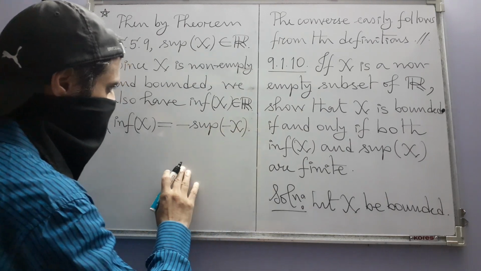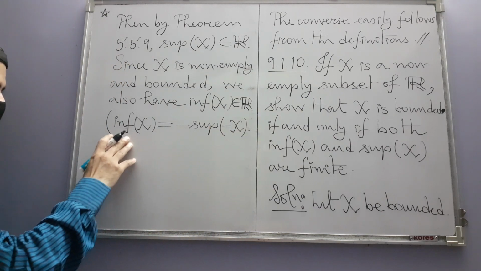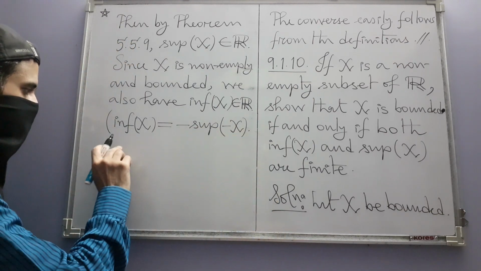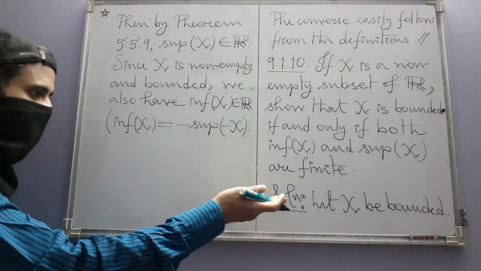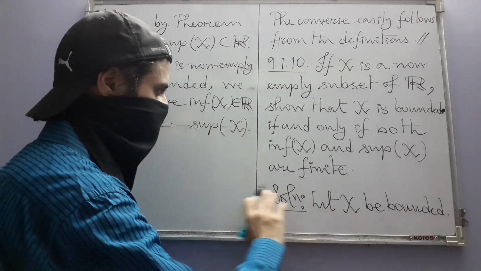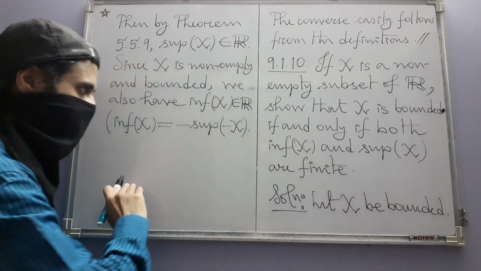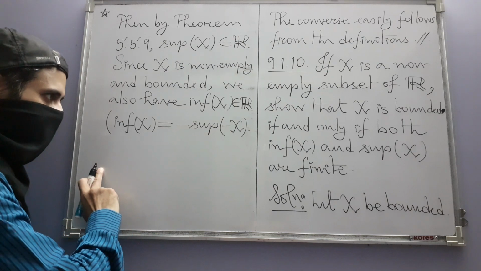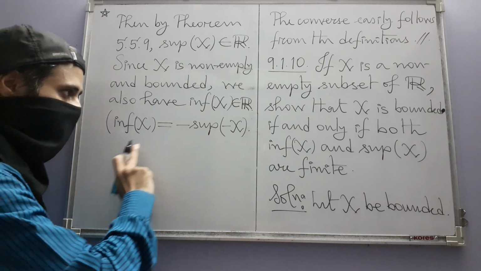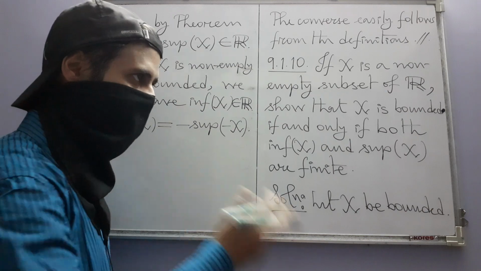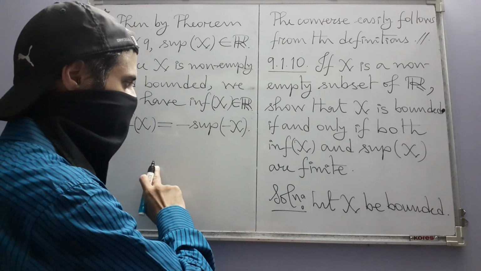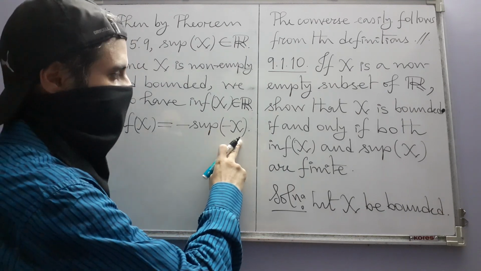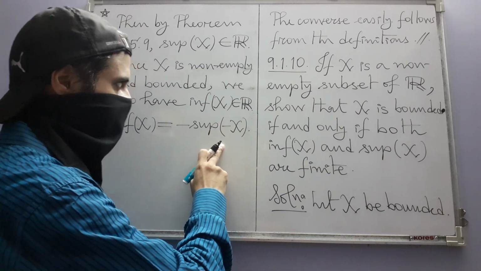Do you remember that in one of the exercises, this is how infimum has been defined? If your X is bounded from below, actually it's given that X is bounded, so that means X not only has an upper bound but a lower bound as well. If X is bounded from below, that is, if it has a lower bound, then minus X will have an upper bound, which will be the negative of that lower bound. So minus X then becomes a non-empty set because X is non-empty.